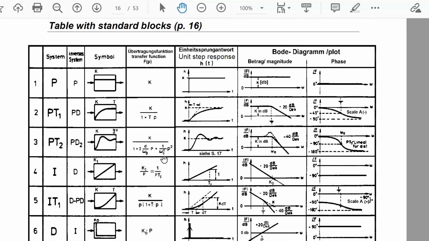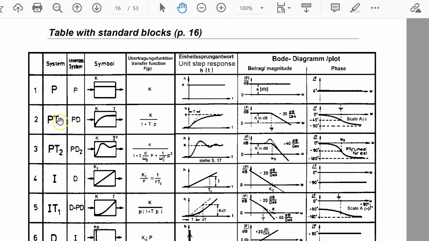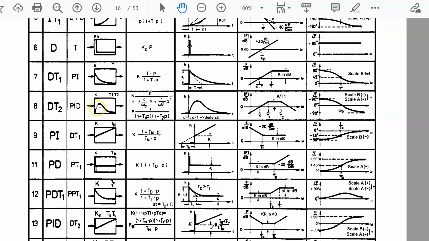Okay, come back to PT1. The typical elements of processes are PT1s. We need PDs, but you know a PD, we have discussed this in one pre-chapter, the PD cannot be realized because a step at the input of a PD causes a direct impulse.